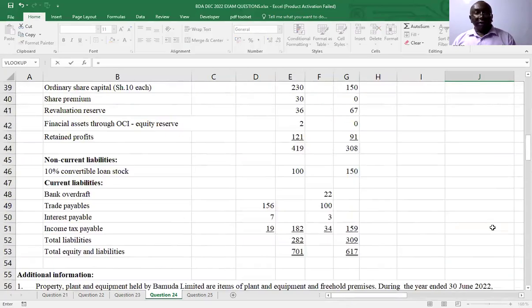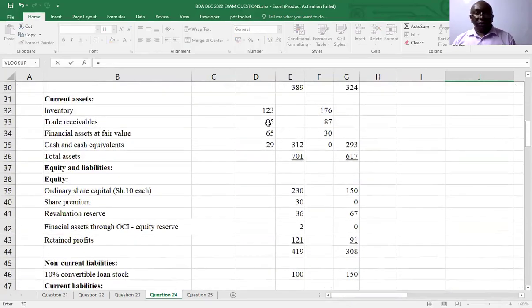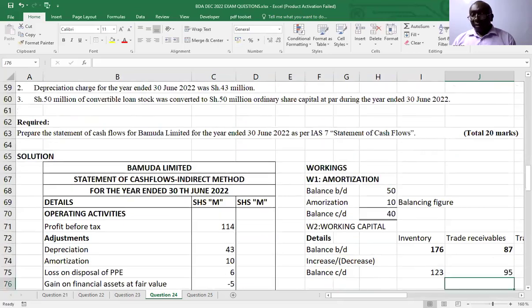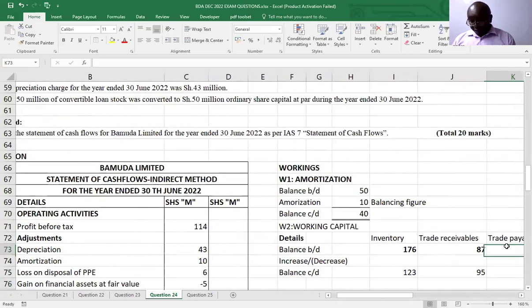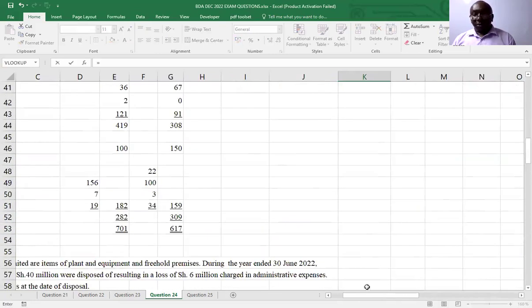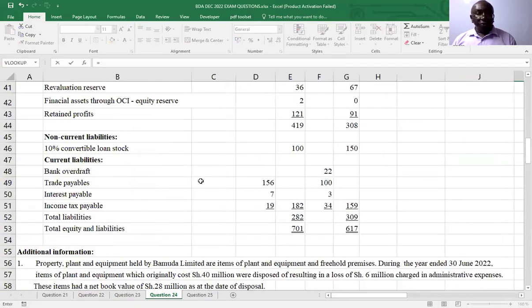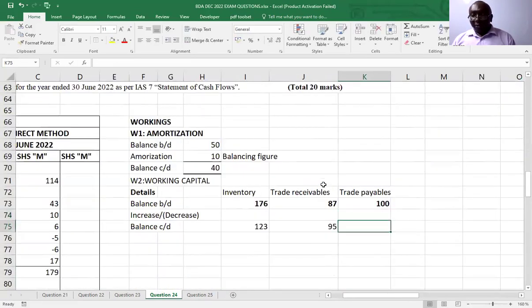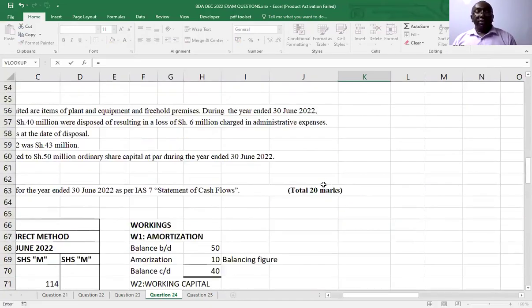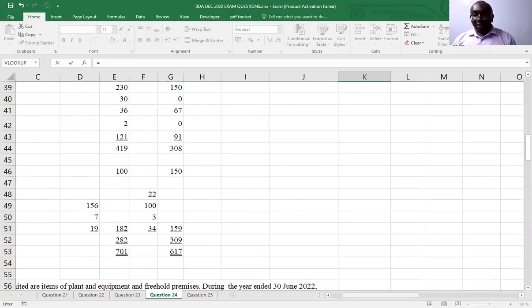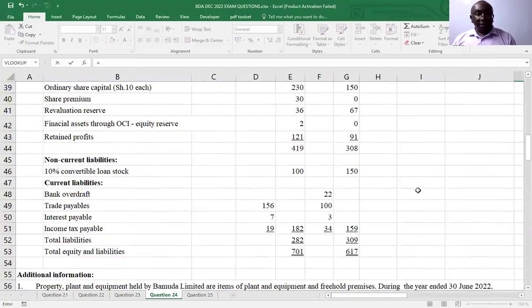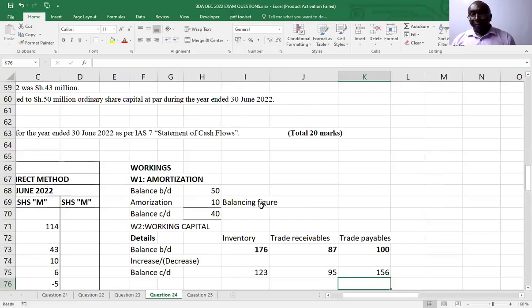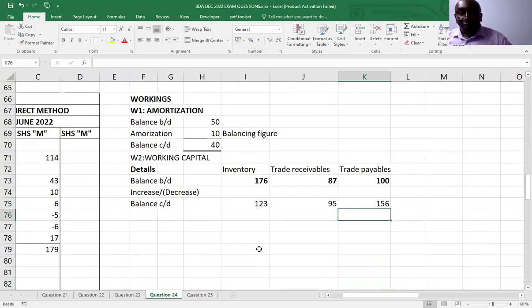The closing balance for the receivables. For the payables, the opening balance is this one. And make sure you are picking them the way we are picking, not typing. I told you if a figure is already in existence in an independent cell, you don't type. You go pick it. So there we are.